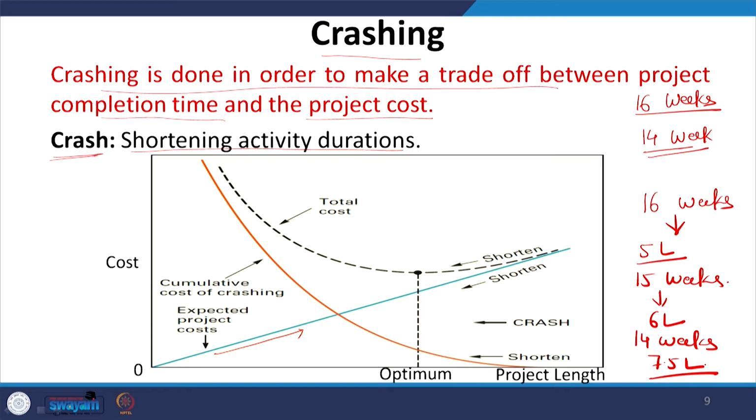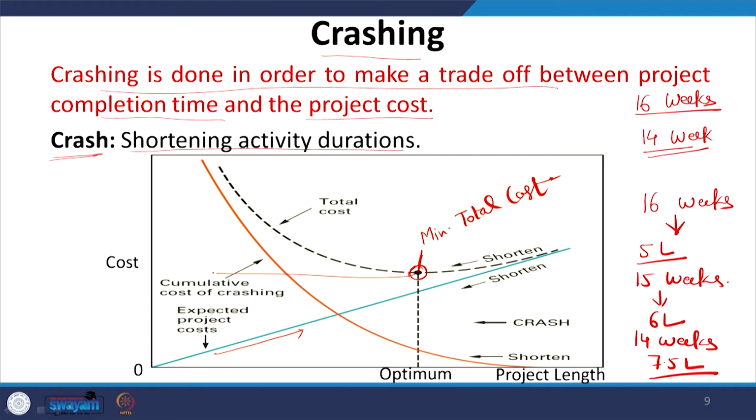So, therefore, we look for some optimum where this curve combines the crashing cost and the normal cost of completion of the project, and where this is coming at the lowest level, this is the point which is the minimum total cost.